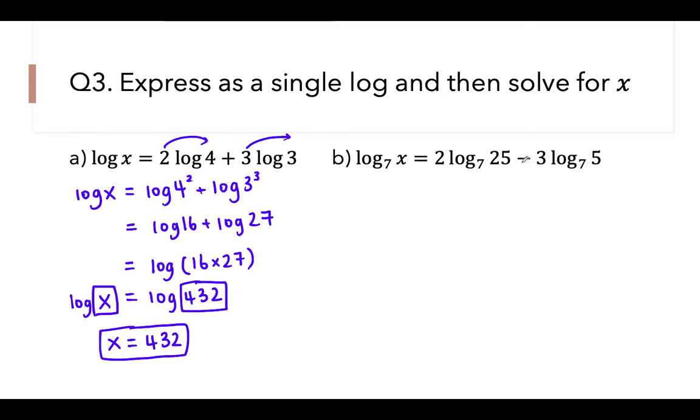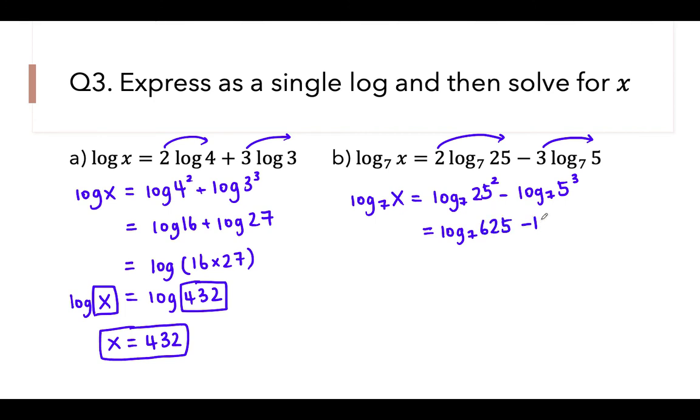Next, okay, same thing. Notice that it's the same base. Very good. And I'm going to bring it to the exponent by simplifying. So log_7 x is equal to log_7 of 25 squared minus log_7 of 5 cubed. So 25 squared is 625, minus 5 cubed is 125.